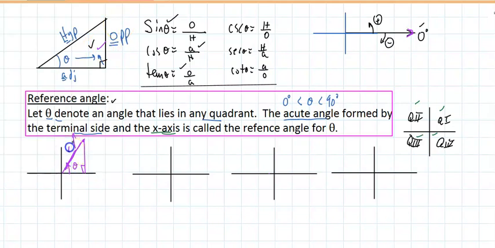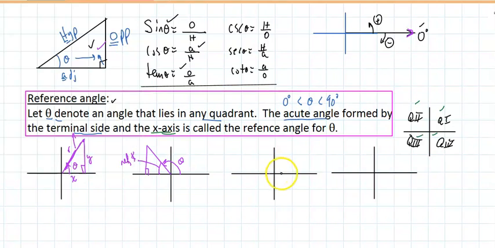This is the radius. This is the x. This is the y. If I rotated and I happen to be in the second quadrant, if this is theta, then the reference angle is really the side associated with where you stop. You run from that side straight to the x-axis, and this right here is the reference angle of theta.